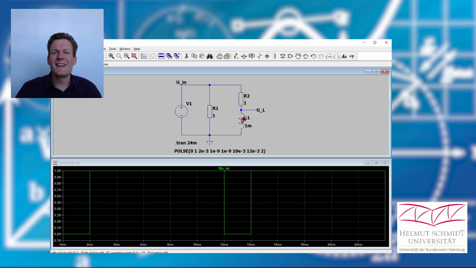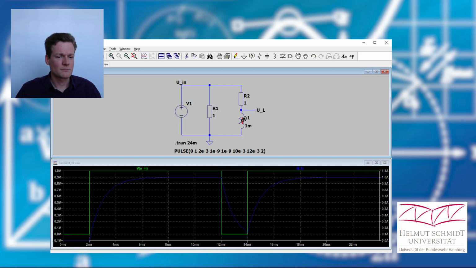And let's have a look at what happens in the inductor with the current. What is that? Have a look here. This here is the scale for the current, and the current is 0 in the beginning, and then it smoothly increases until we reach 1 ampere.